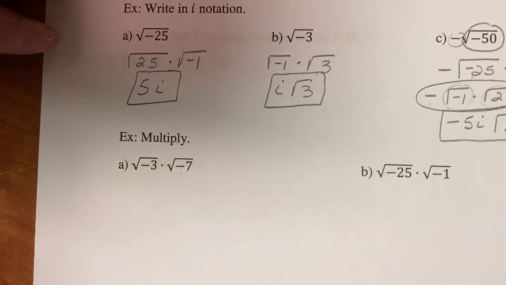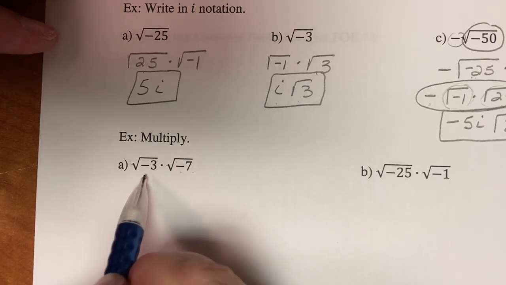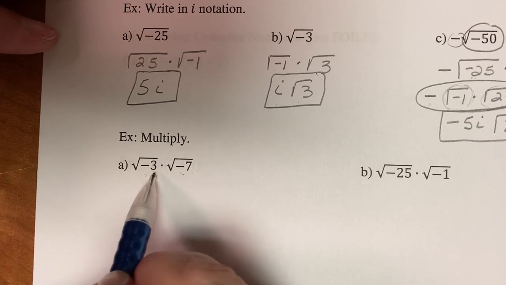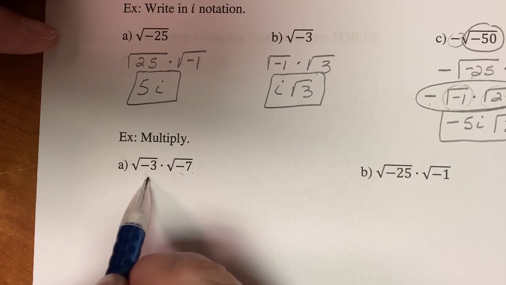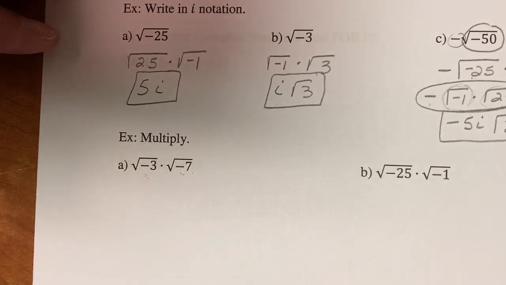All right, so now let's multiply these. Now here, when you are talking about negatives underneath the radical, you cannot just multiply them and get the square root of 21. That does not work when you're talking about the complex number system. You have to simplify them first.